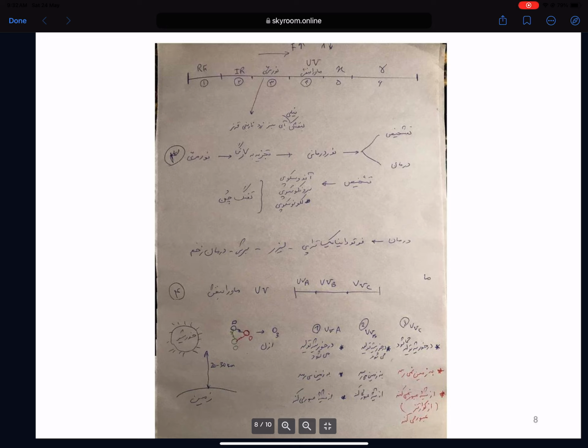So the UVC produced by the sun interacts with these three oxygen atoms, which we call ozone. The frequency of ozone is the same as the frequency of UVC, and UVC is absorbed by these three oxygen atoms, and its frequency will be decreased, and UVA and UVB reach the earth.